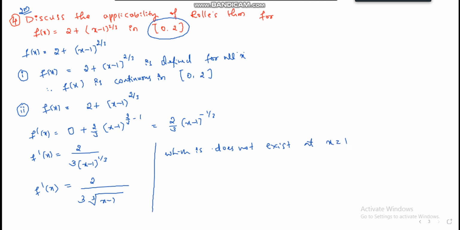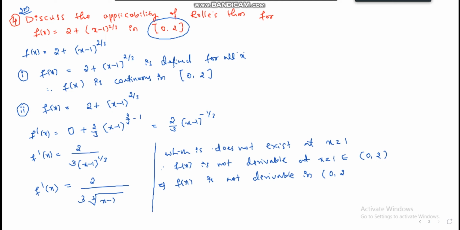Therefore f(x) is not derivable at x = 1, which belongs to the open interval (0, 2). This implies that f(x) is not derivable in (0, 2).